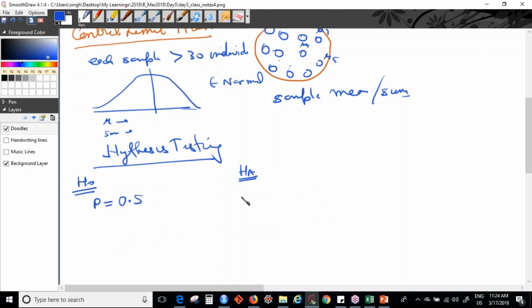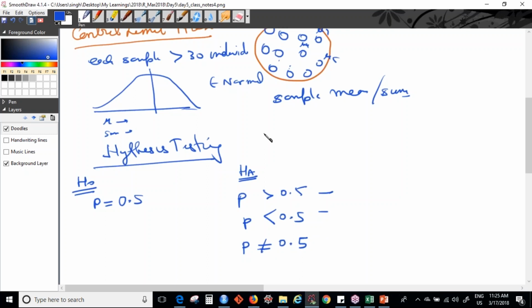In the other case we assume that it is greater than 0.5, or we assume that it is less than 0.5 depending upon the question. Sometimes, guys, we also assume that it is just not equal to 0.5. This is also done. We are not sure whether it is greater than 0.5 or less than 0.5, we just assume that it is not equal to 0.5.